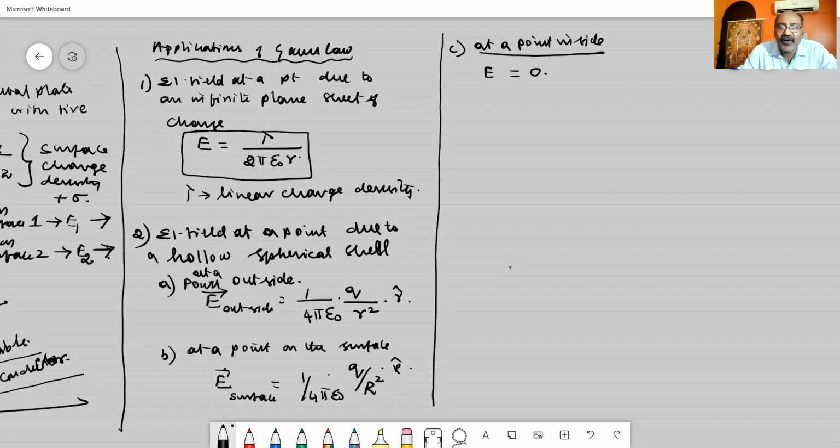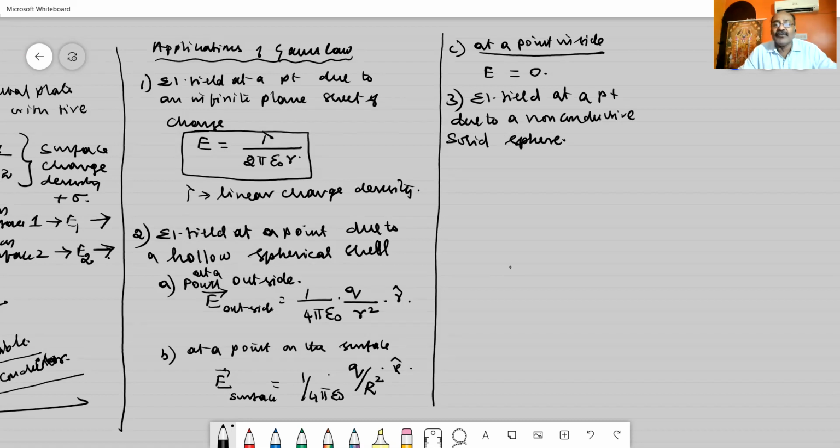And then what is the third application we have studied? Electrical field at a point due to a solid, non-conductive solid sphere.